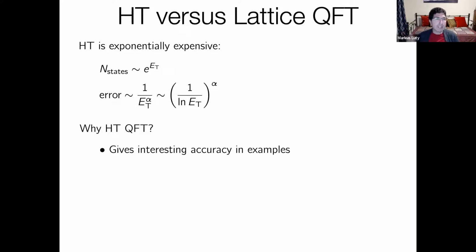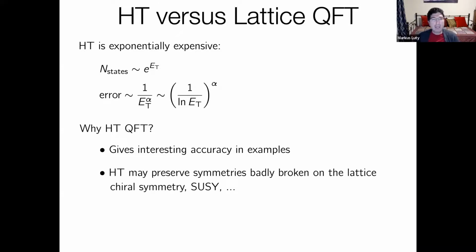First of all, other people have already shown that this still gives interesting accuracy in examples. So before you hit this exponential wall, you can actually get interesting accuracy. So maybe that's okay. You can also think that Hamiltonian truncation may be able to preserve symmetries that are badly broken on the lattice, like chiral symmetry for fermions or supersymmetry.